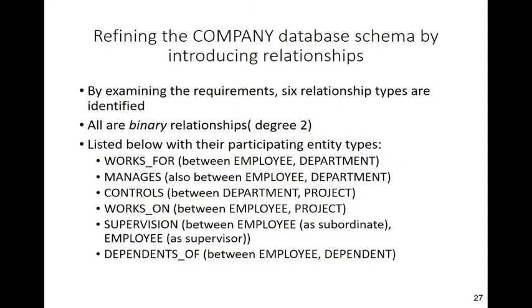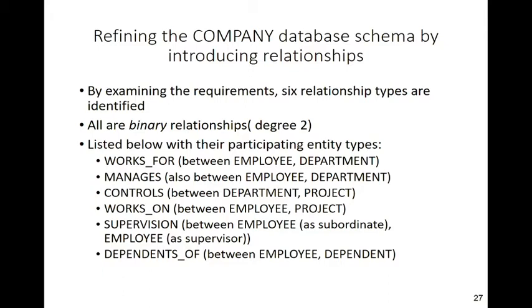In looking at the requirements, we had 6 relationship types identified, and all are binary, meaning they are 2. So we have an employee works for a department, an employee manages a department, the department controls a project, the employee works on a project, and there's supervision between employee as a subordinate.